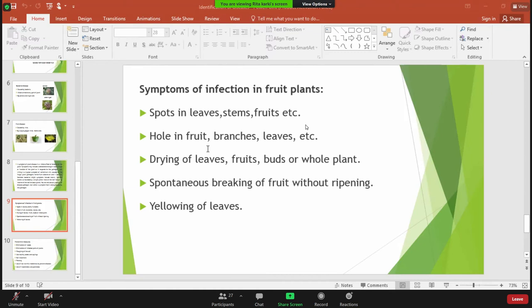Clear up to here? Yes. Okay. So you go up to the symptoms of the fruit plant. And if you have any problem, ask me. You have 1 minute.